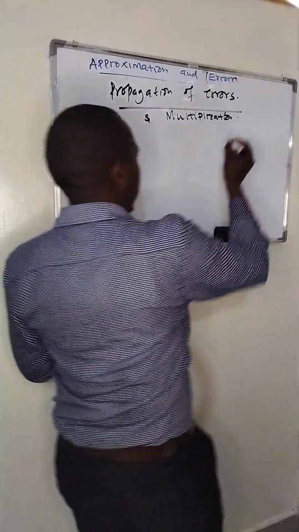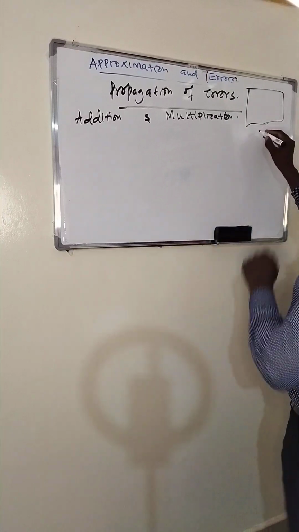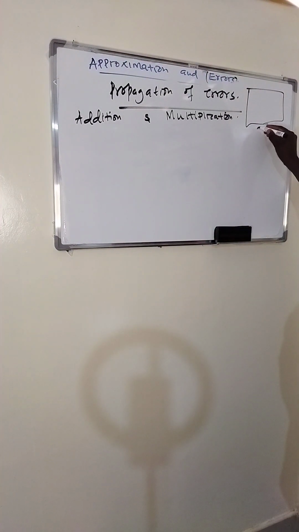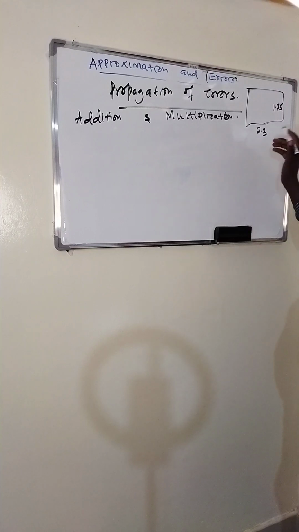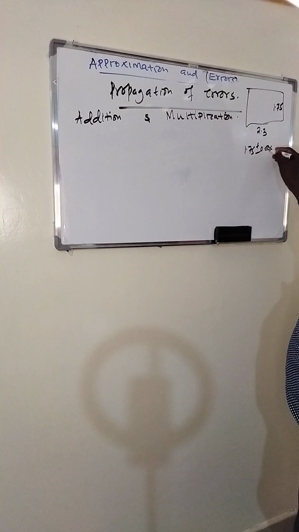So if you are looking at, let's use our rectangle. This was 2.3 by 1.75. So if you are looking at this, we say that 1.75 plus or minus 0.05.